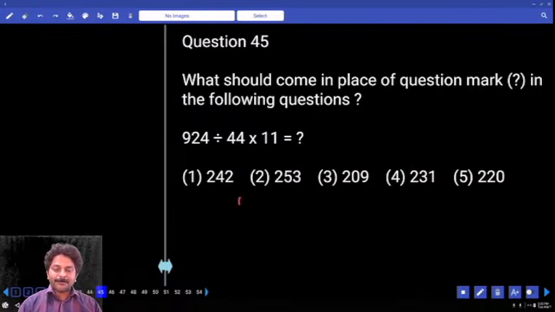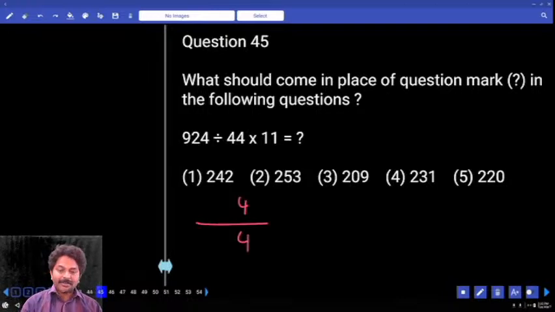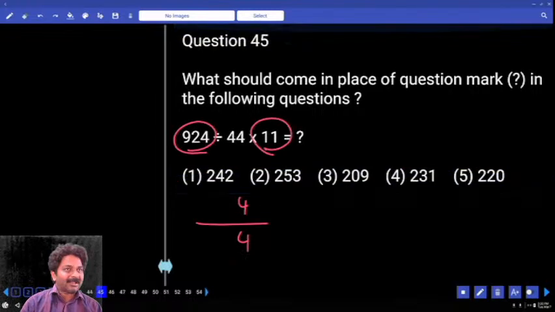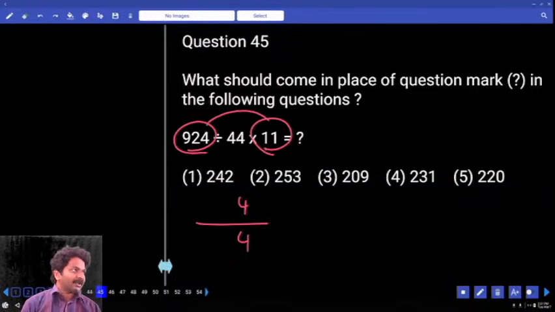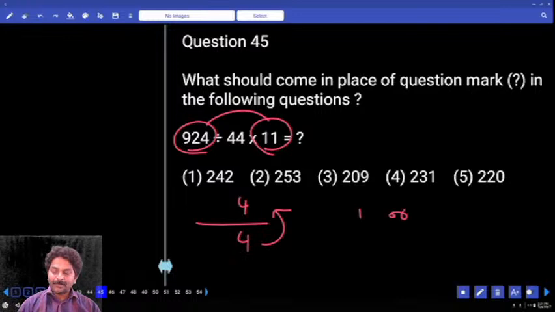Numerator ends with, denominator ends with... these two come in the numerator, there is only the division symbol. 4 into 1 ends with, division symbol we have 44, ends with 4. 4 into which number ends with 4? Either 1 or 6. How many options are there?